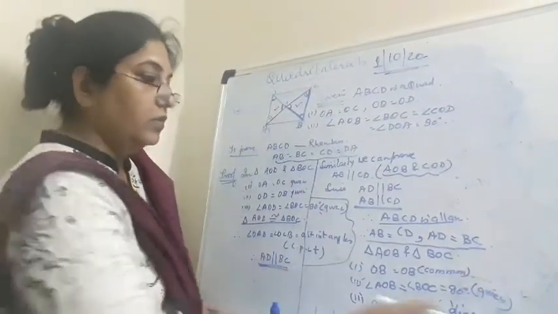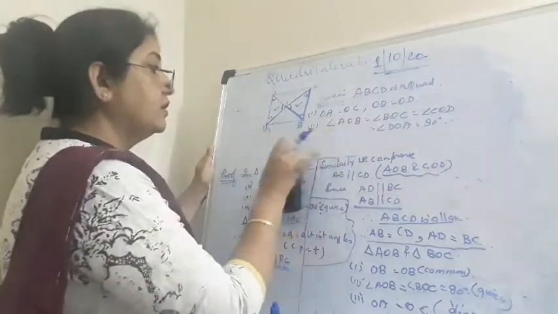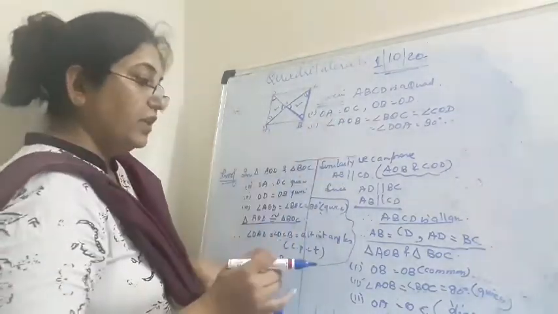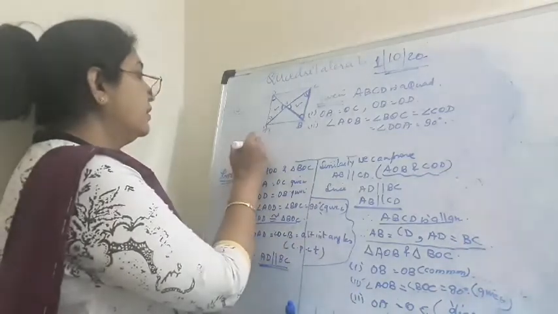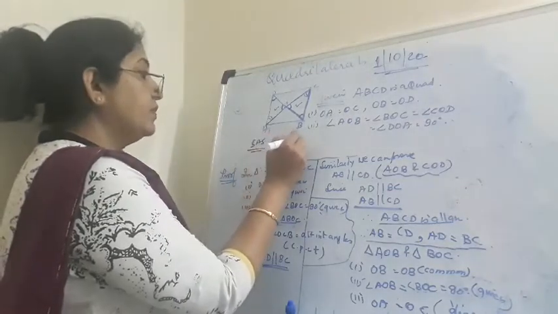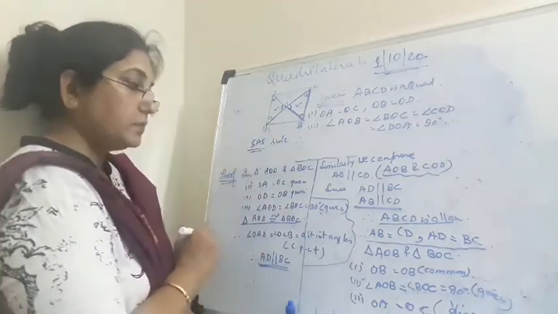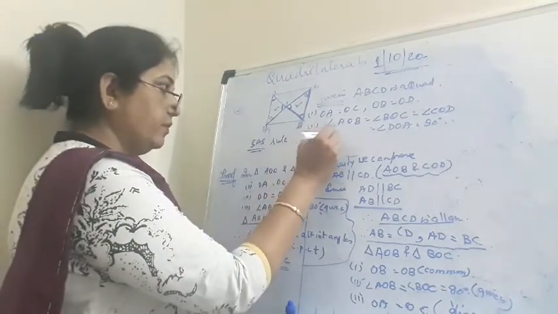Now I will rub this part, and in the second part of the proof we write the triangles are congruent by SAS rule. Therefore, AB is equal to BC.